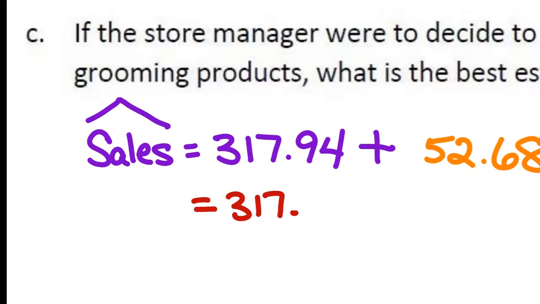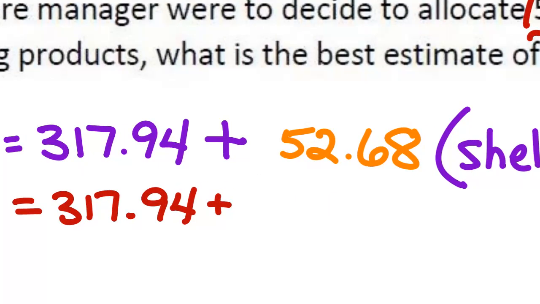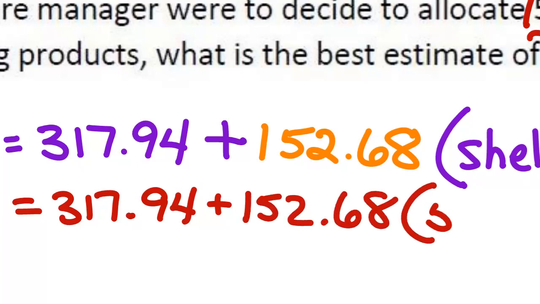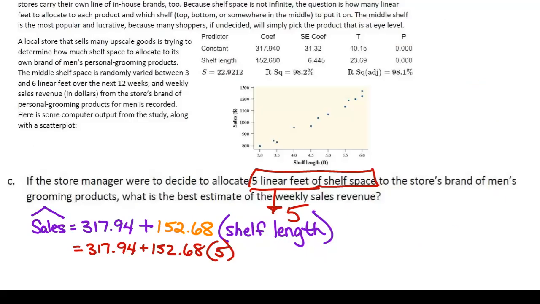So 317.94 plus 152.68 times 5. And then I'm popping that right in my calculator.